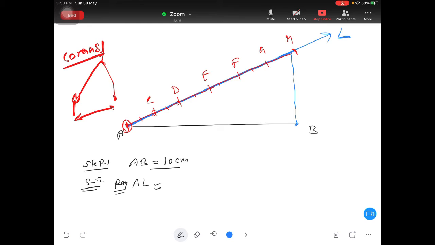Draw a line segment parallel to HB, which should pass through like this, this, this, this. So now, because they are equal, so they will be equal. This is the idea.